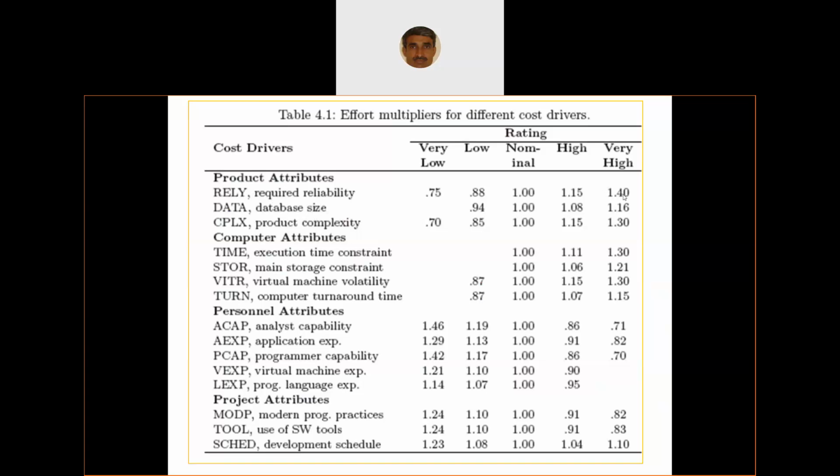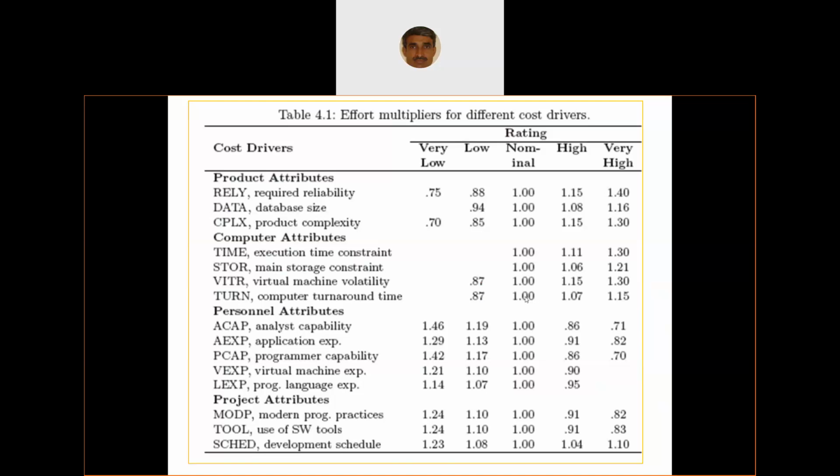If it is very high, you multiply man months by 1.40; if it is very low reliability, hope you understand. Now look at the database size. If it is very high, you multiply man months by 1.16. There are 14 parameters, and the effort multipliers have been given.